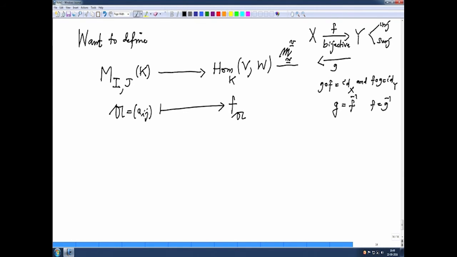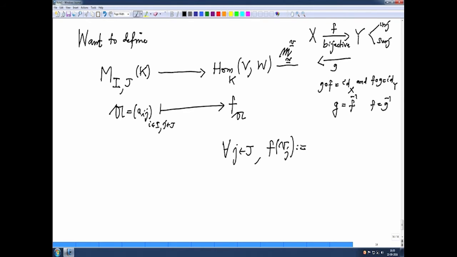Okay. So this is very easy. I have been given a matrix, i in I, j in J, and I want to define a linear map. If I have to define a linear map, it is enough to give values on a basis. That is the theorem we proved in the beginning. So I just have to give, for every j in J, what is f of Vj.